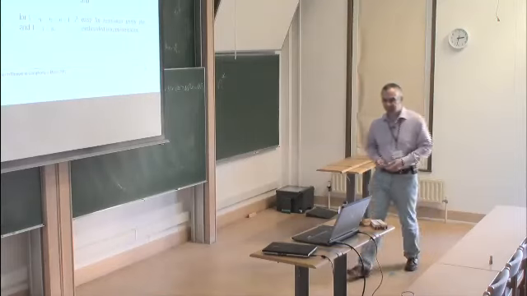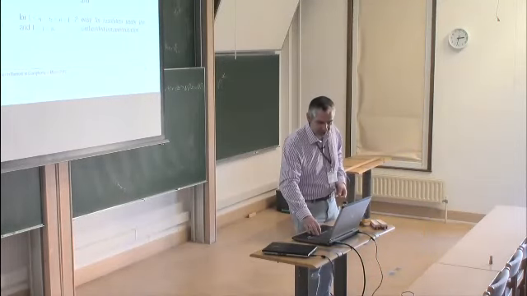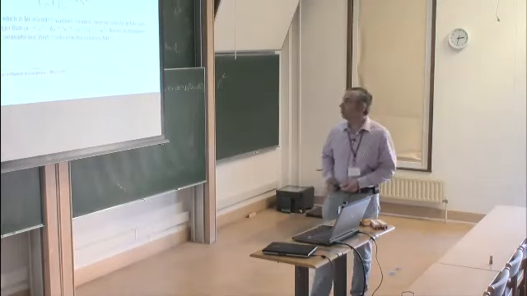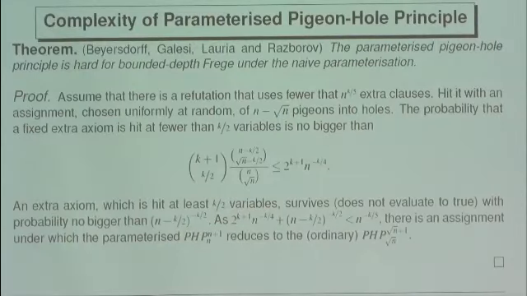But we asked if it was easy for resolution or not. And in fact, some other people, most of whom are in the audience, figured it out pretty quickly that it wasn't easy. In fact, they proved the lower bound, and the proof is quite easy.